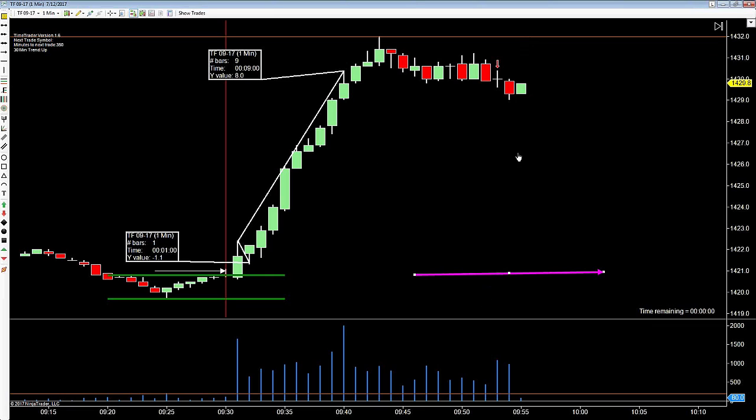With price coming up here, I want to see the volume come in and then I'm going to slowly bring my sell order up, one tick below it. I let price go up and then drop it as soon as price pierces it. That's where I want to get in.